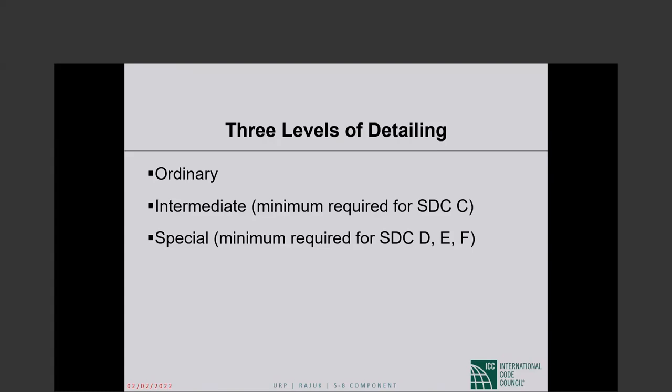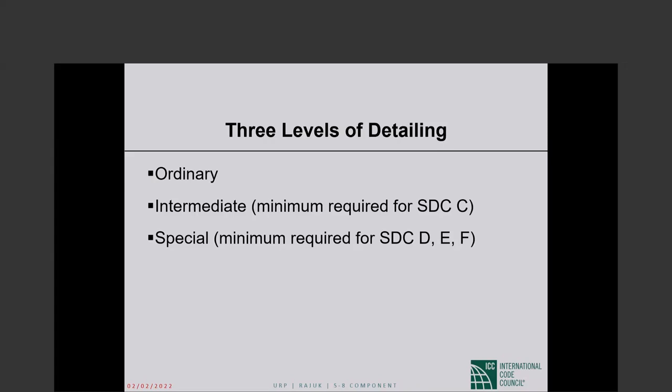Okay? We will discuss seismic design categories in the coming days. For now, seismic design category A is essentially non-seismic. There is hardly any seismic risk. B is low seismic risk, let us say. C is moderate, and D, E, and F are high.